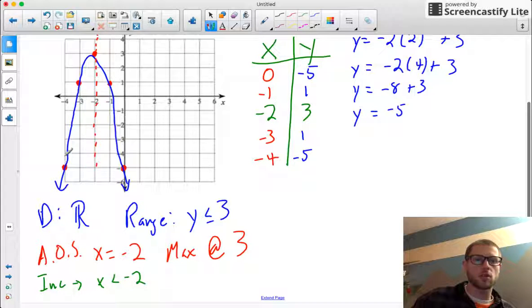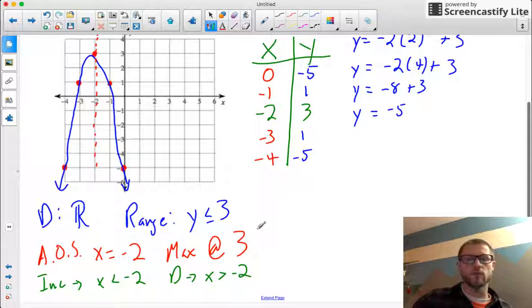So I'm increasing when x is less than -2, and I'm going to be decreasing on the other side of this thing. Once I pass that vertex, I'm going to be going downwards, and x will be greater than -2. And that looks like we've covered all the basics for our properties, and there you have it.